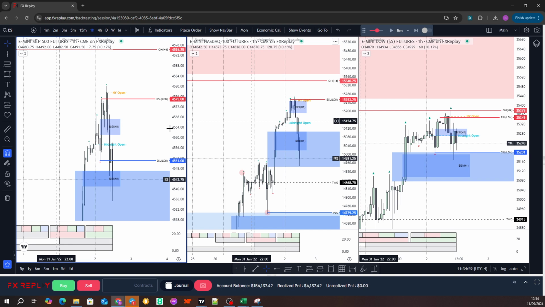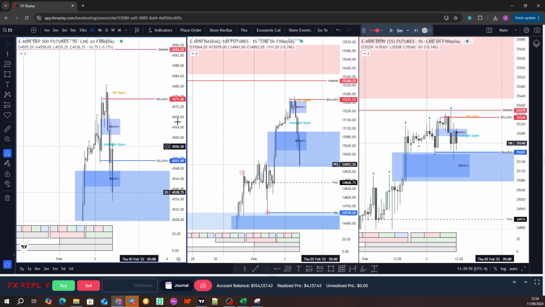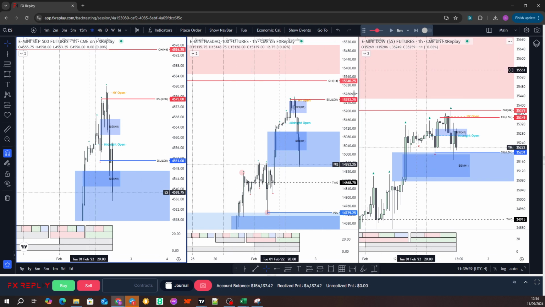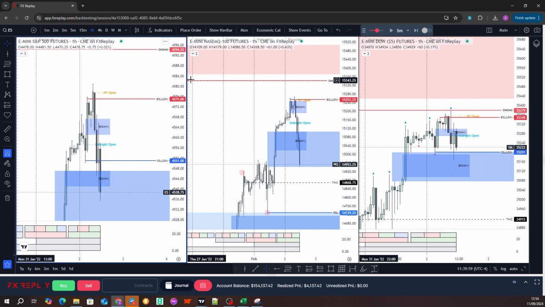Let's continue this. But again, there was no previous high, so the sell-off was probably someone sitting there going, we're selling off and so on. It's probably obvious.